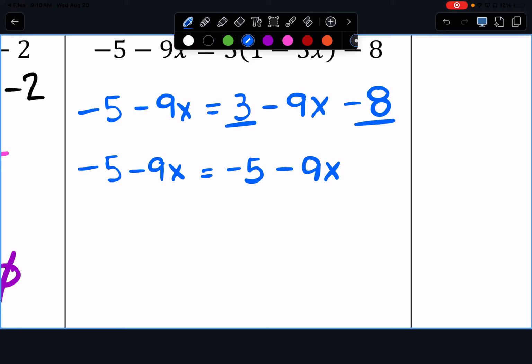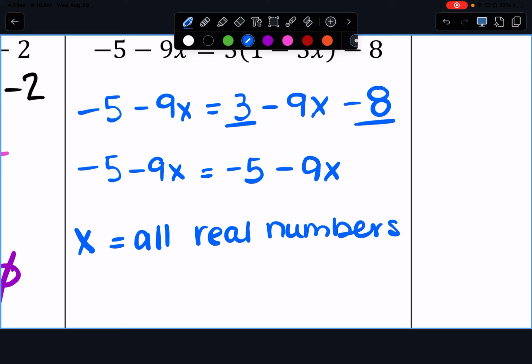So what that tells us is x has infinitely many solutions, or it is all real numbers. And we can also write that using the symbol for all real numbers, which is an R, but it has 2 little lines at the back. That's like the math symbol for all real numbers. Yes?